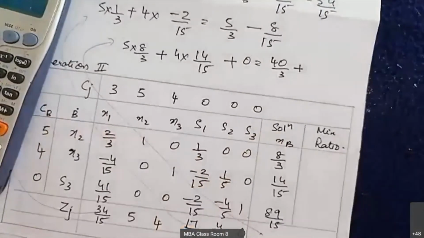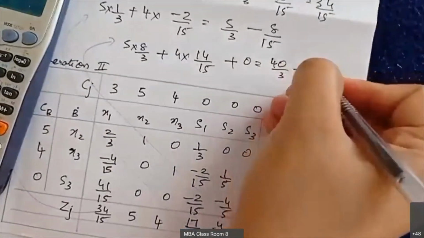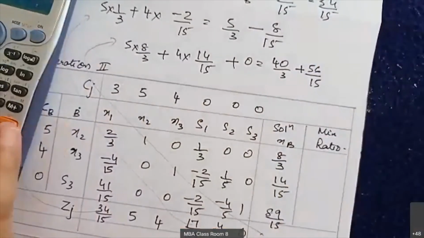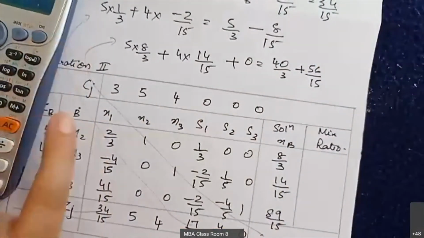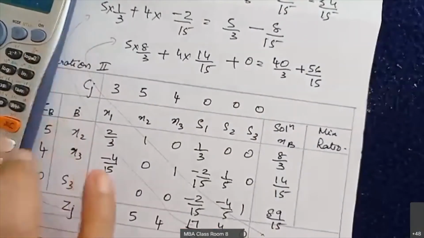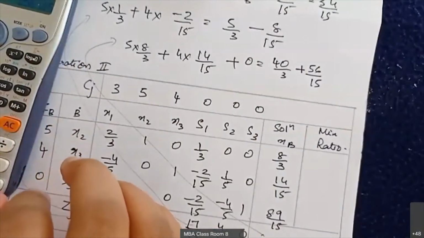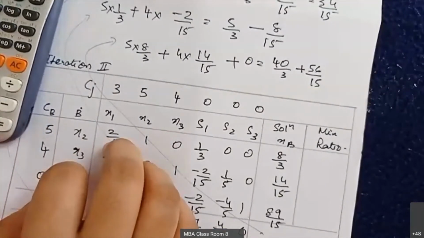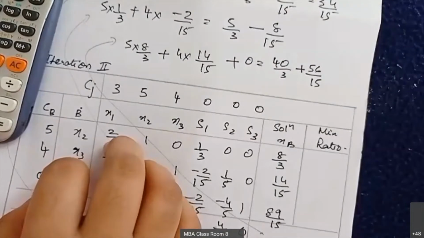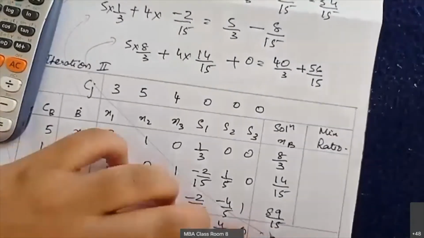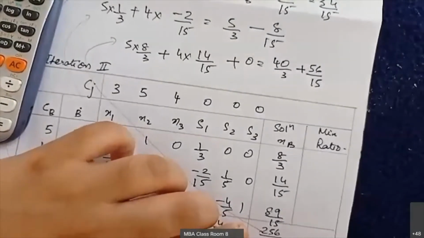I have 56 divided by 15. Go to the calculator and find out the answer. 40 divided by 3 plus 56 divided by 15 is equal to 256 divided by 15. I hope I have not made a mistake.